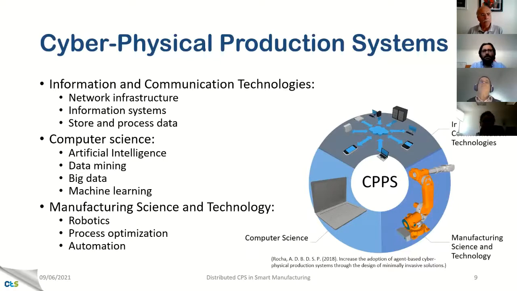The ICT area, because of the networks, the data, process the data, and so on. Computer science, topics such as artificial intelligence, big data, every type of algorithms, and so on. And manufacturing science and technology, such as industrial robotics, process optimization, or automation, everything that is related with the process itself.